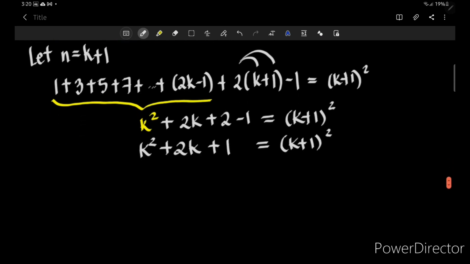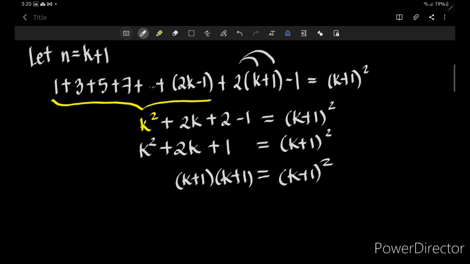Kung mapapansin din natin sa left side, this is factorable. K squared plus 2k plus 1 is equal to k plus 1 times k plus 1 equal quantity k plus 1 squared.